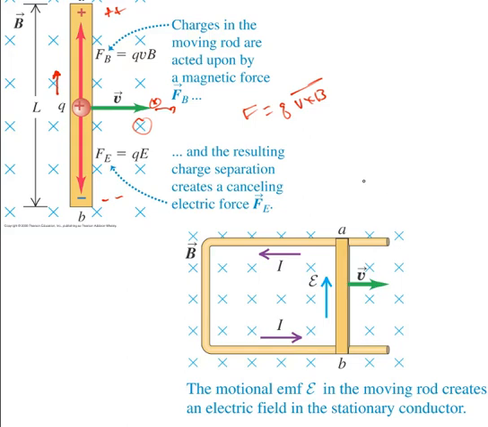Okay, so what we've discovered is there's an EMF, which is going to be the length of this wire, the strength of the magnetic field, times the velocity. We can also think about this in terms of changing flux, right?